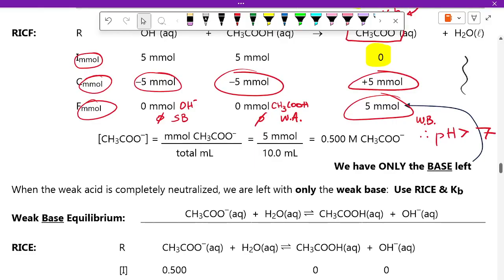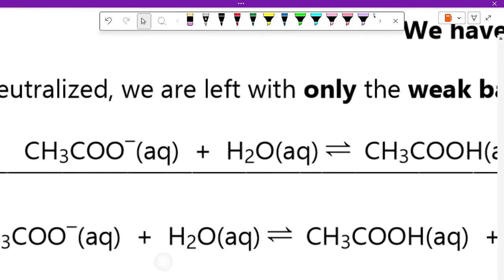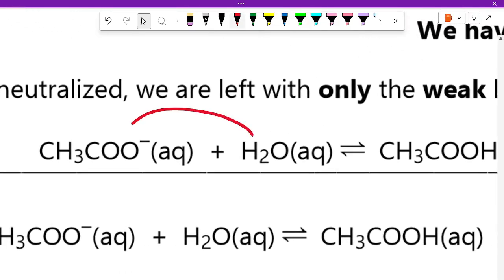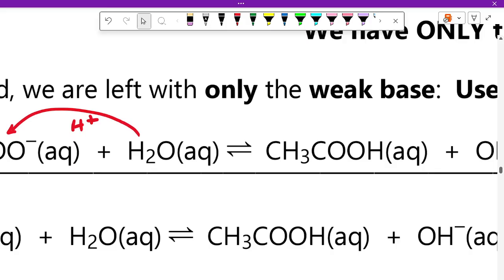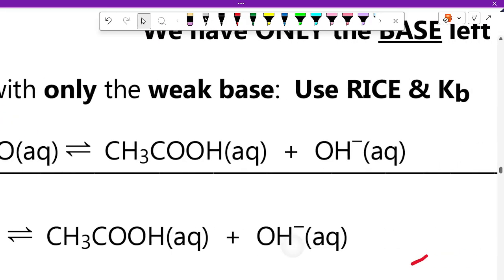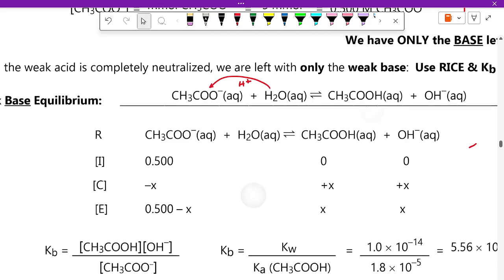All right. So we have only the weak base, so we're going to use our weak base equilibrium. So there's our weak base. It grabs a hydrogen from water, becomes acetic acid, and the water is left as hydroxide. We set up our RICE table.